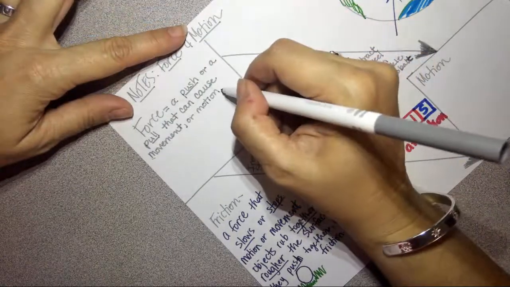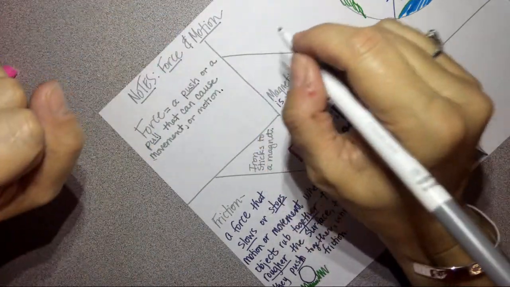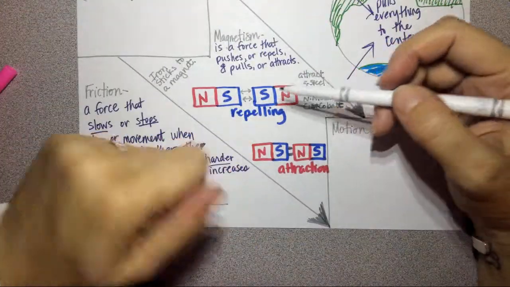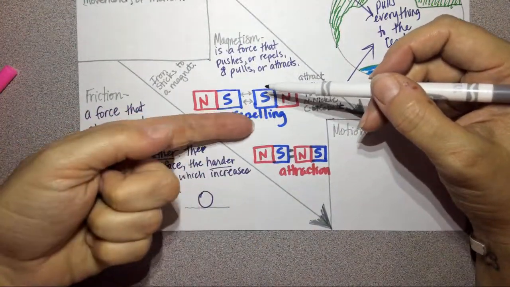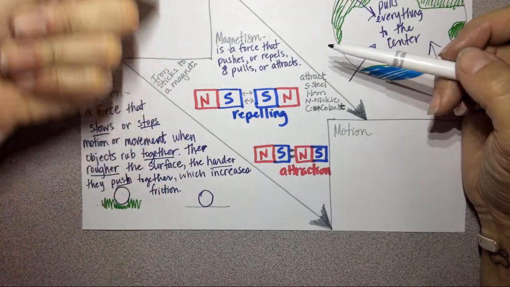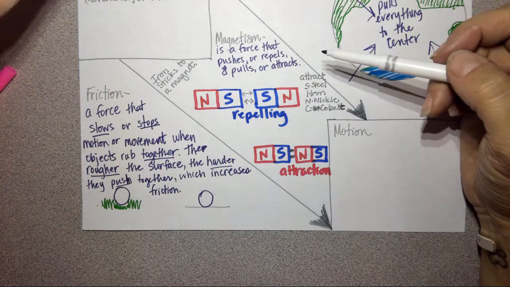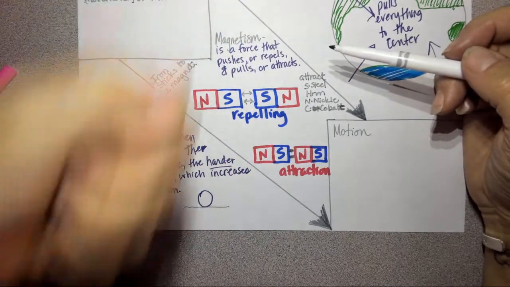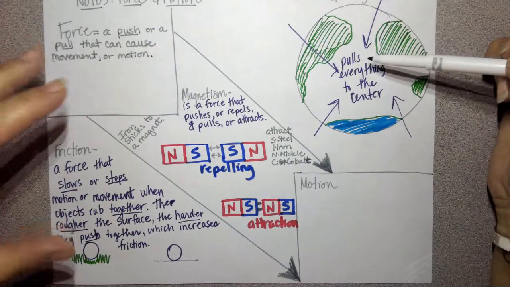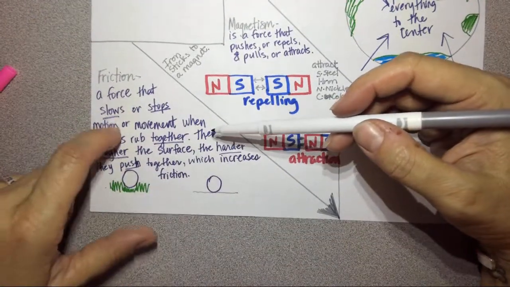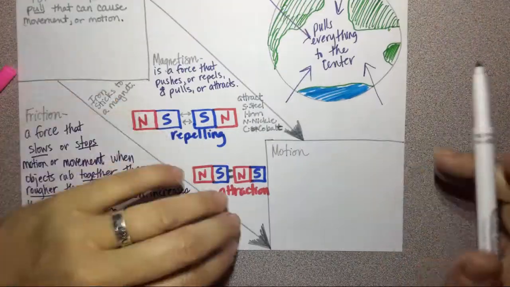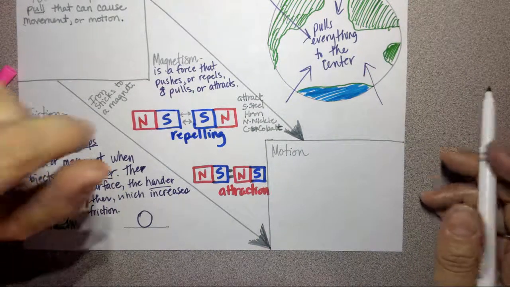Okay? So when I push something, I'm going to be able to move it, right? When I pull something, I'm going to be able to move it. Okay? This magnet here, when I have something that isn't attracted to a magnet and I try to stick to it, it could push it out of the way. If I'm sticking it to a piece of iron, it's going to pull it to me, right? Whereas gravity pulls everything to the middle. And then friction is pushing on each other, okay?